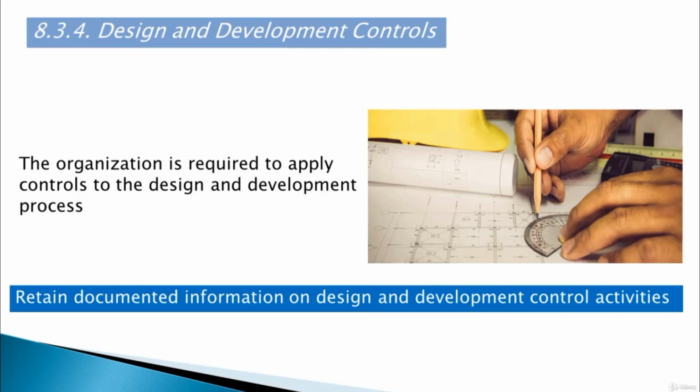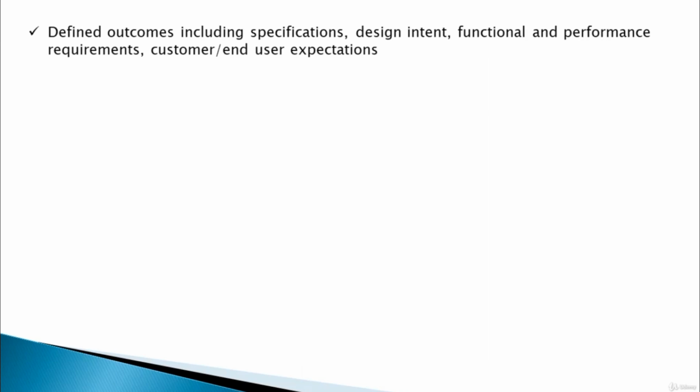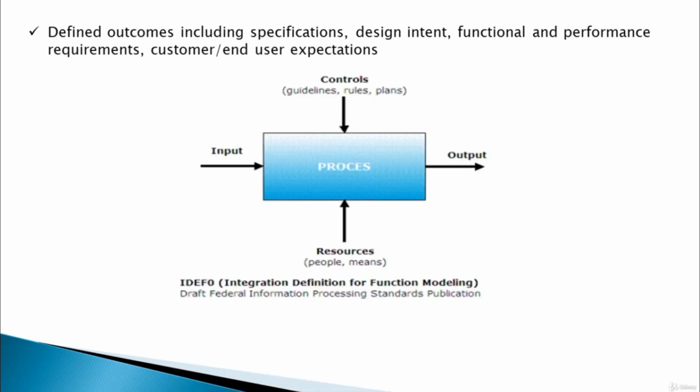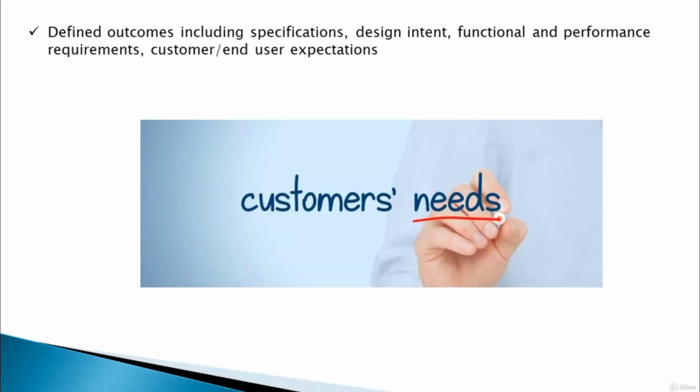The organization is required to retain documented information on the control activities concerning the design and development, as stated here. So the organization is to retain documented information on defined outcomes, including specifications, design intent, functional and performance requirements, and customer end expectations.